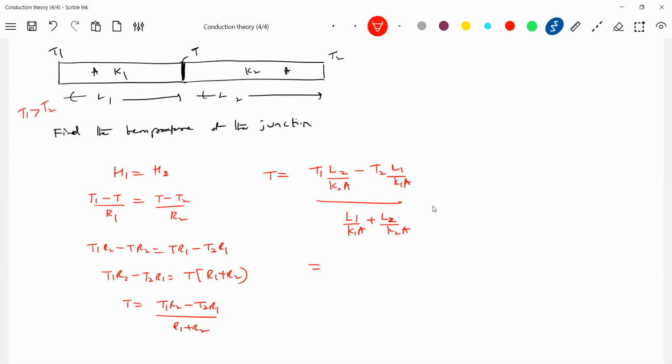Okay, K2A and K1A will cancel. So T = (T1L2K1 + T2L1K2) by (L1K2 + L2K1). Okay, this is the temperature of the junction.